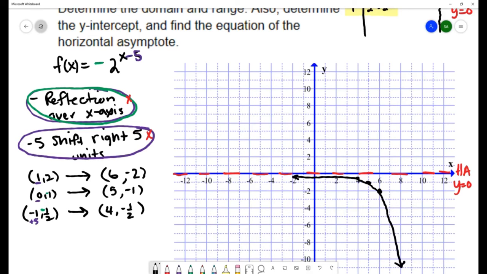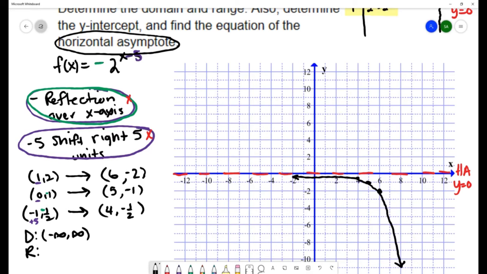So we have now found the horizontal asymptote, but we have a few other things we need to find. We need to know the domain and range. Now the domain is going to be all real numbers. Every exponential function has a domain of all real numbers. Our range: you can see based on our picture here that all of the y values are below the x-axis.